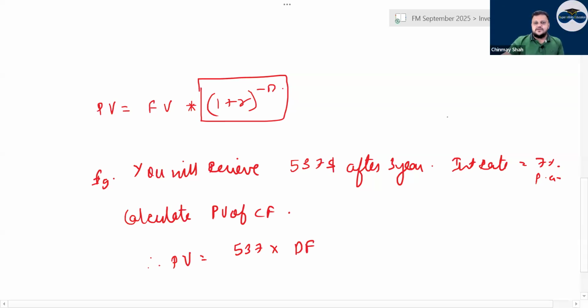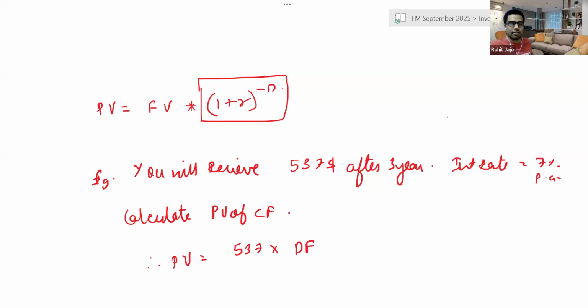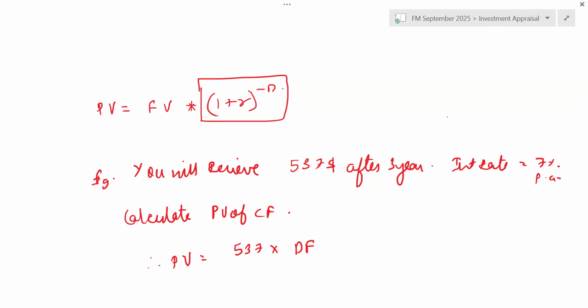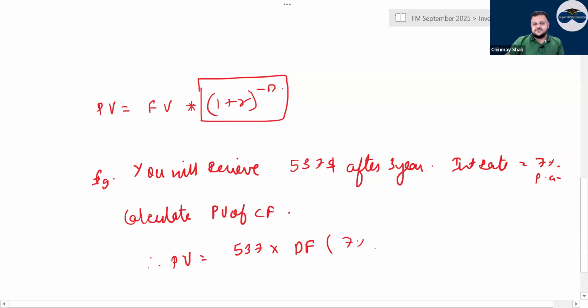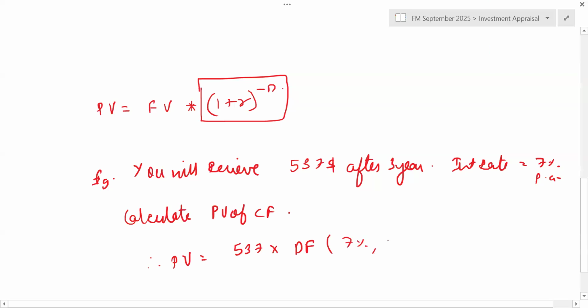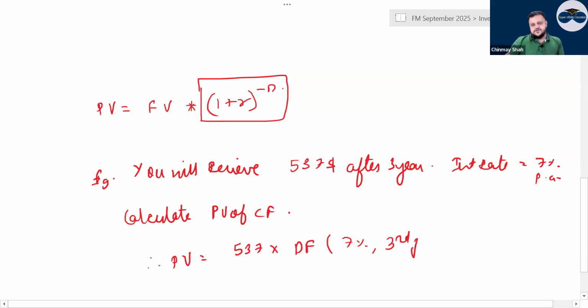Is it the annuity factor or the discounting table? Which table are we going to use? The discounting table. Discounting factor of what rate? 7%. Which year? 3 years. So, third year.